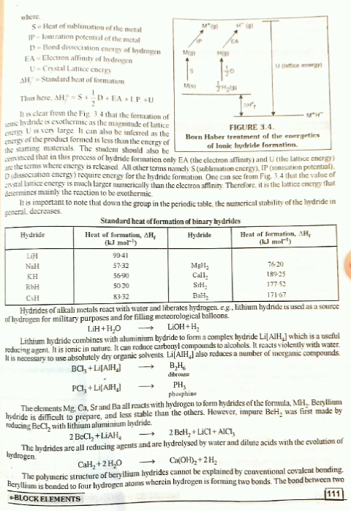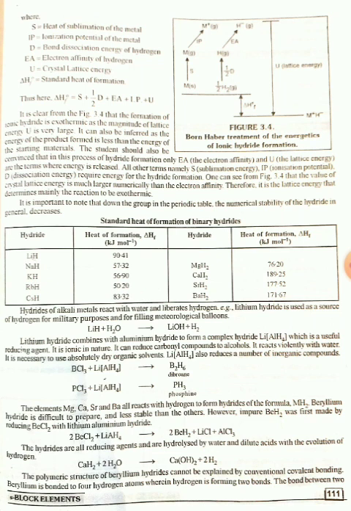It is clear from figure 3.4 that the formation of ionic hydride is exothermic as the magnitude of lattice energy U is very large. It can also be inferred as the energy of the product formed is less than the energy of the starting materials. The student should also be convinced that in this process of hydride formation, only EA, the electron affinity, and U, the lattice energy, are the terms where energy is released.